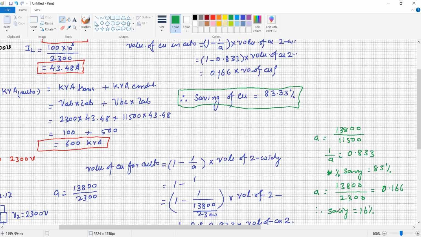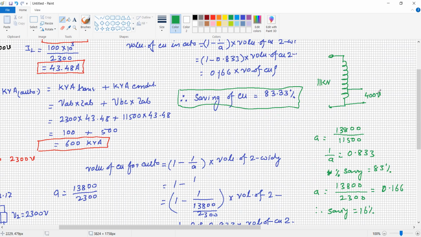So the important conclusion is that if the ratio is smaller, the saving is more, and if the ratio is greater, the saving is smaller. So when the transformer is connected across a very large difference, for example, 11 kV and here 400 volt, under such a condition the saving is small.